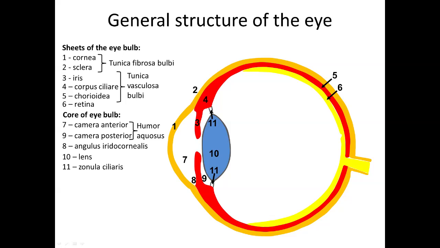For example, in some injury, this zonula ciliaris could be damaged, could be torn, so the lens could be displaced to another position inside of the eyeball, and the ability to see in such a patient is extremely decreased.